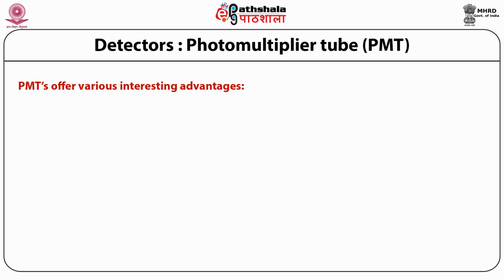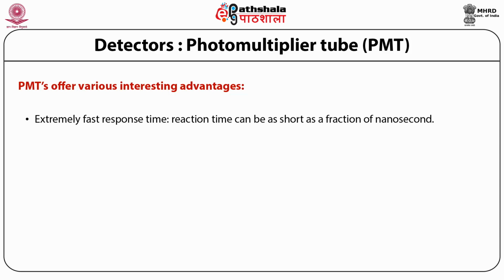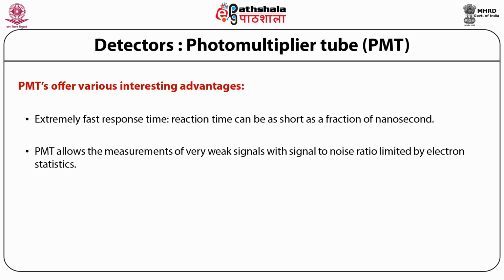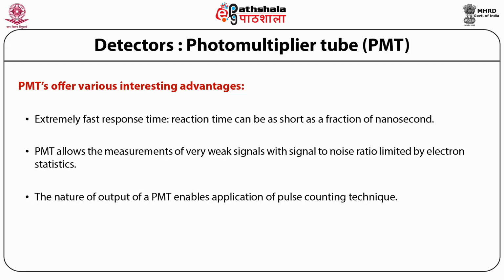Photomultiplier tubes offer various interesting advantages. Extremely fast response time: reaction time can be as short as a fraction of a nanosecond. A PMT allows the measurement of very weak signals with signal to noise ratio limited by electron statistics. The nature of the output of a PMT enables application of the pulse counting technique.